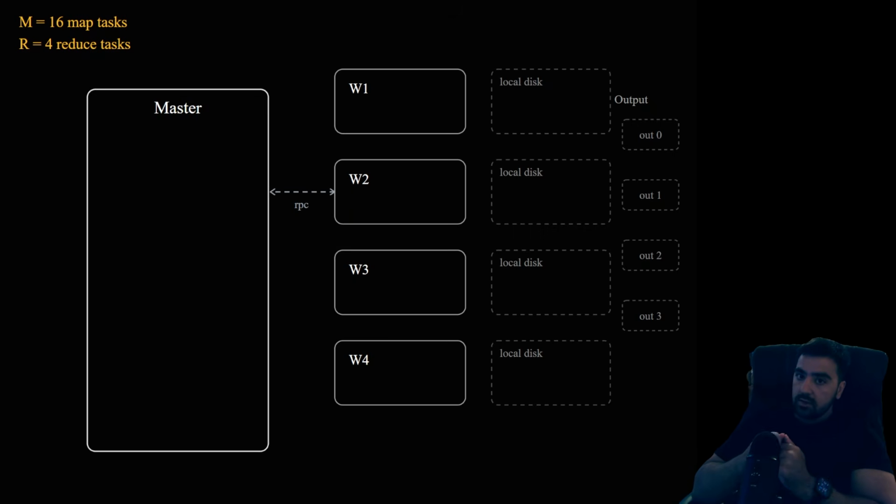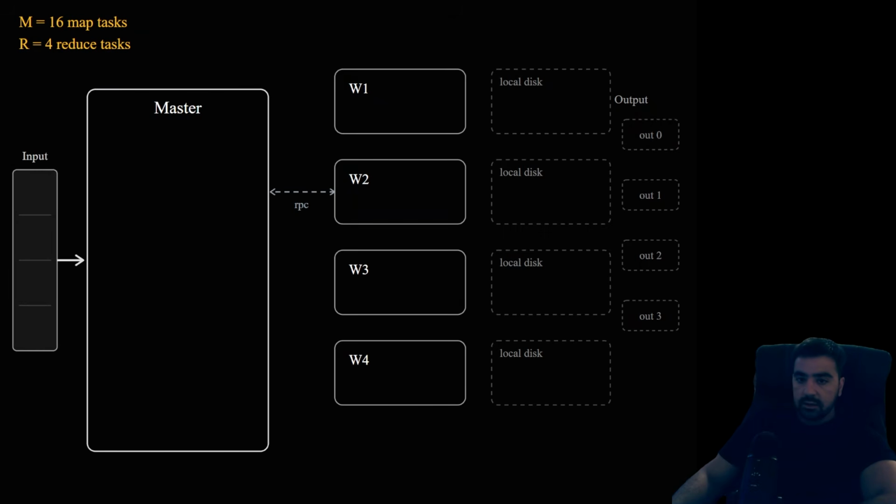Remember, our final output is the result of the reduce tasks. So in this case, setting R to 4 means we're going to end up with 4 output files.